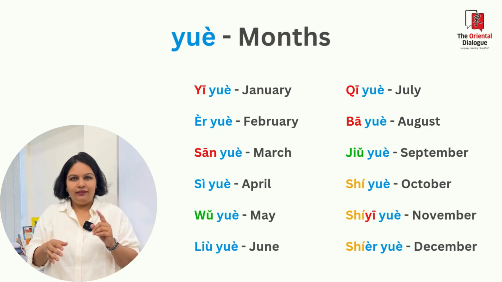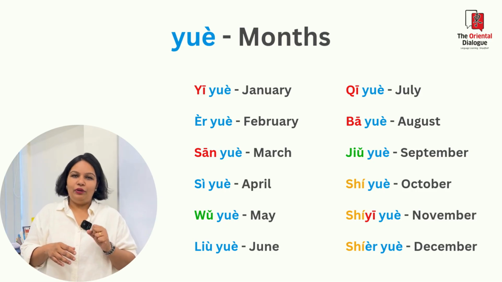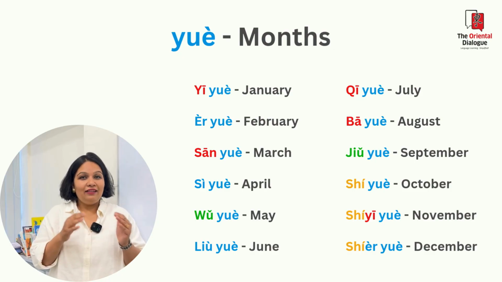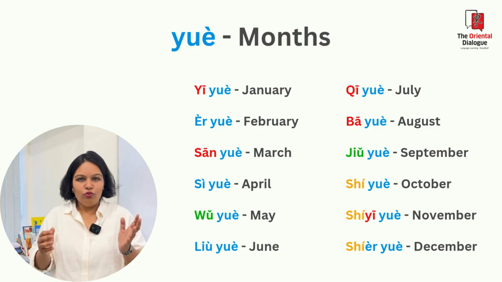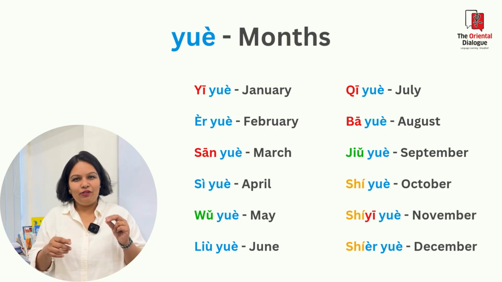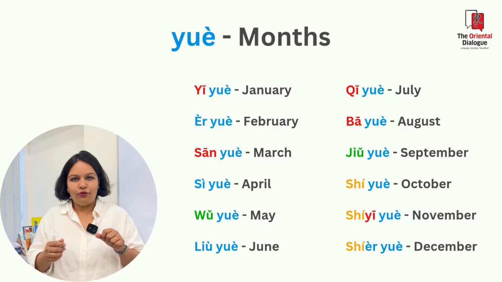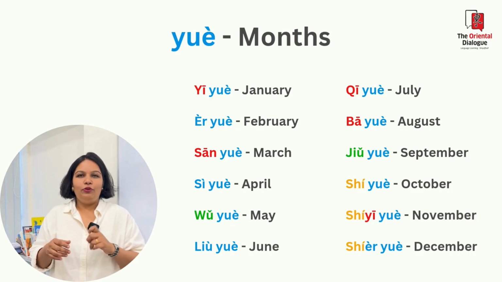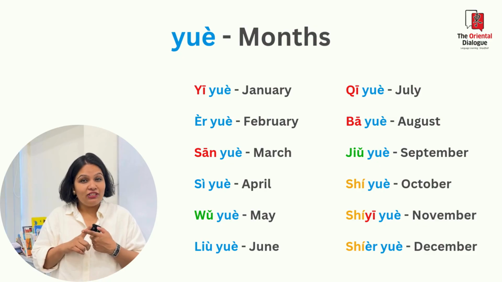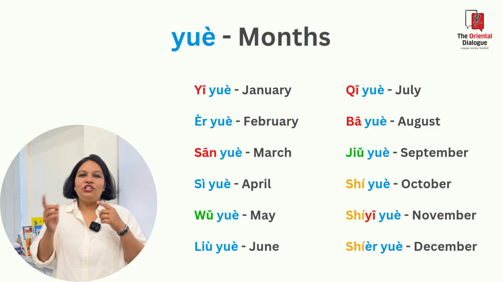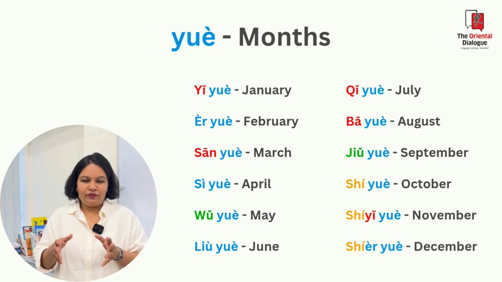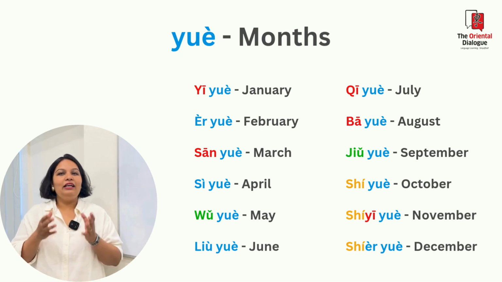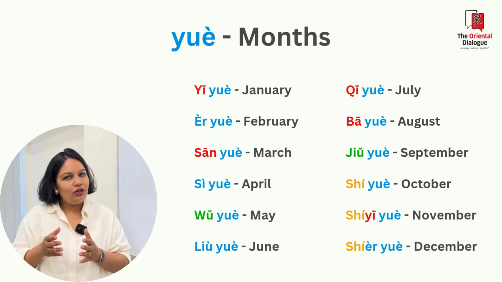So yī yuè is January, èr yuè is February, sān yuè is March, sì yuè is April, wǔ yuè is May, liù yuè June, qī yuè July, bā yuè August, 9月 September, 10月 October, 11月 November, and 12月 December. So, 你喜欢哪个月?